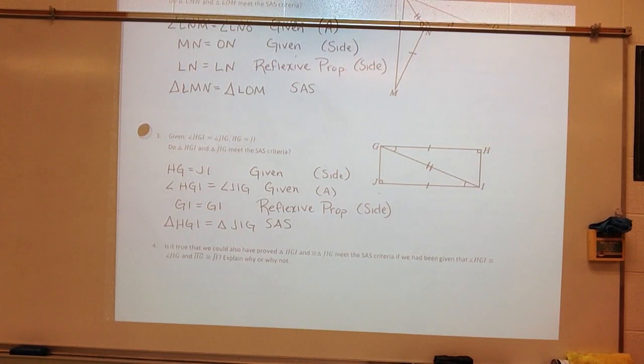Is it true that we could also have proved triangle HGI and triangle JIG meet the SAS criteria if we had been given that angle HGI is equal to angle JIG and HG is equal to JI? Explain why or why not.